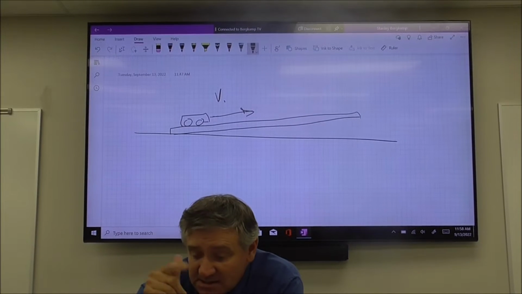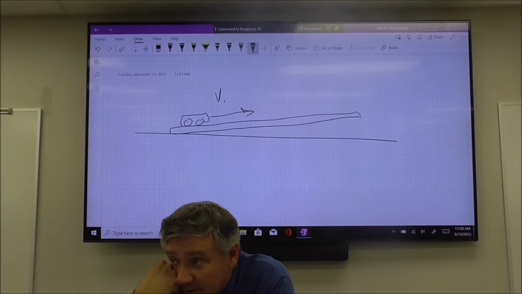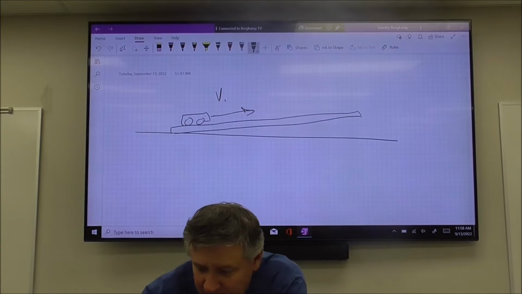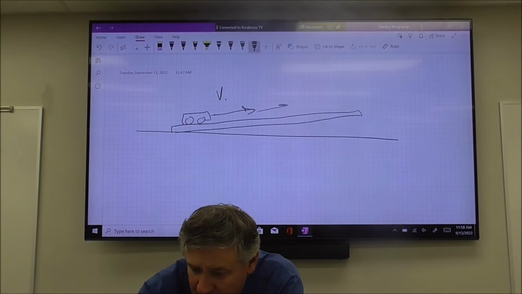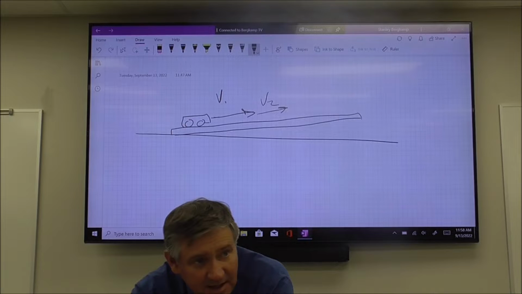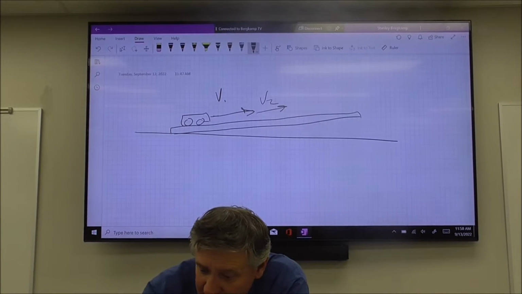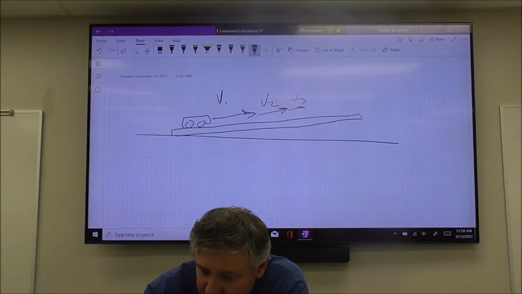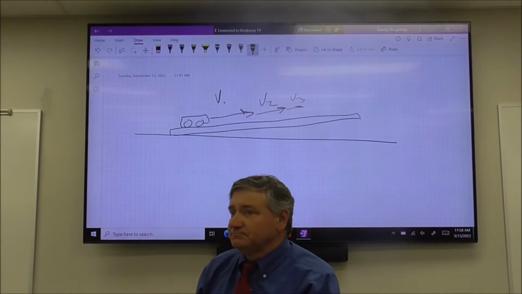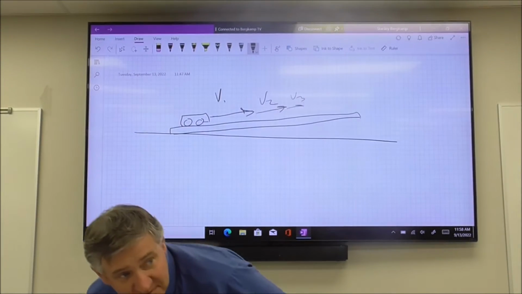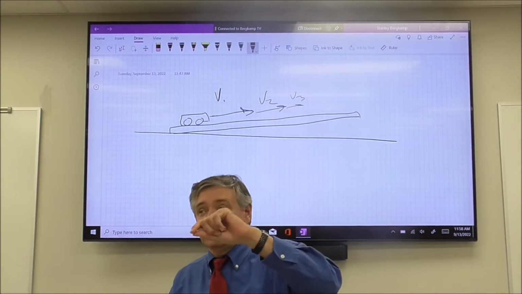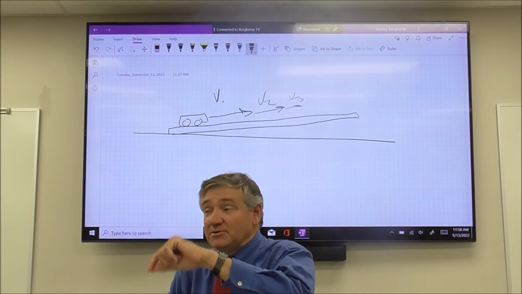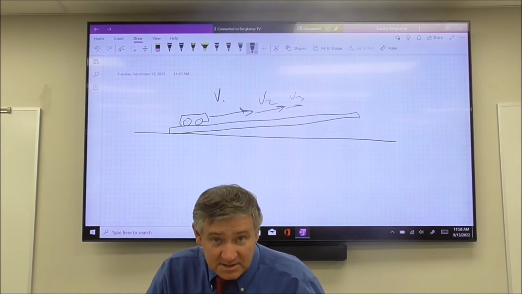What happened to that velocity vector as it went up the ramp? It's going to get smaller. So I'm going to draw V2, something like this. Then I'm going to draw V3, something like this. If you want me to think these vectors are getting smaller, you draw them so these 56-year-old eyes can look at them and go, oh, they're getting smaller.